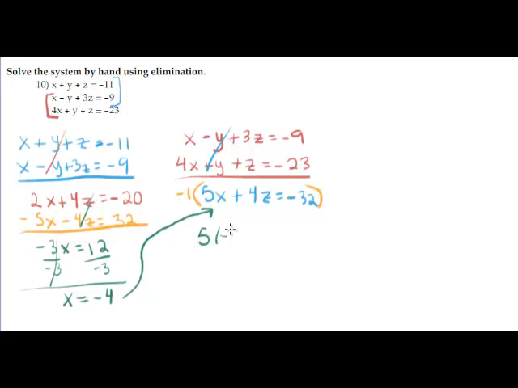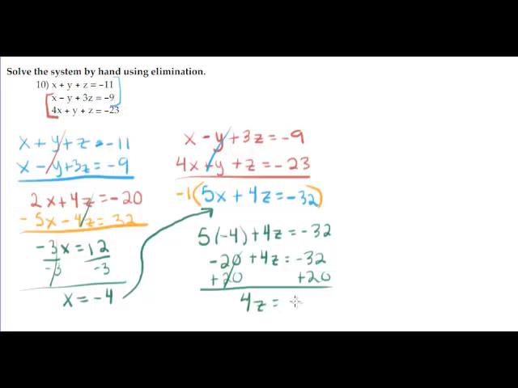So 5 times negative 4 plus 4z equals negative 32. 5 times negative 4 is negative 20 plus 4z equals negative 32. Add 20 to both sides. 4z equals negative 12. Divide by 4 on both sides. And you get z equals negative 3.